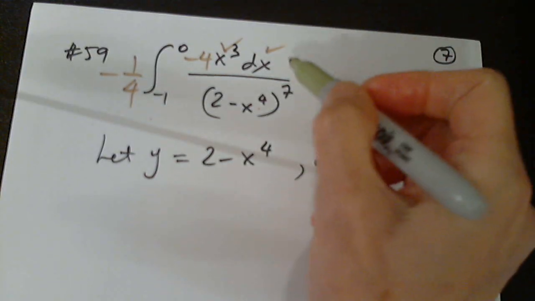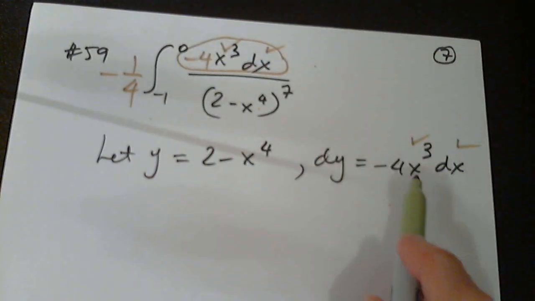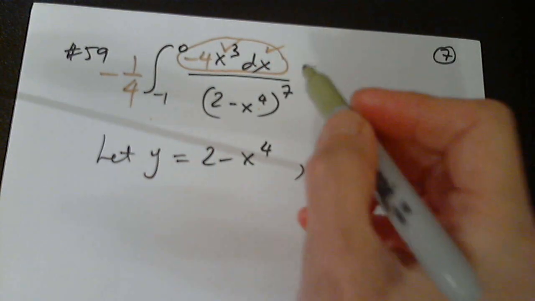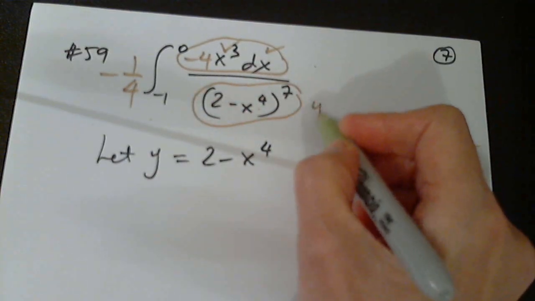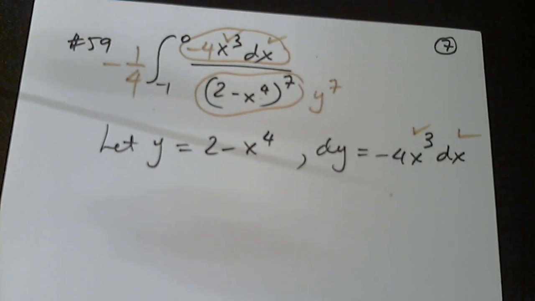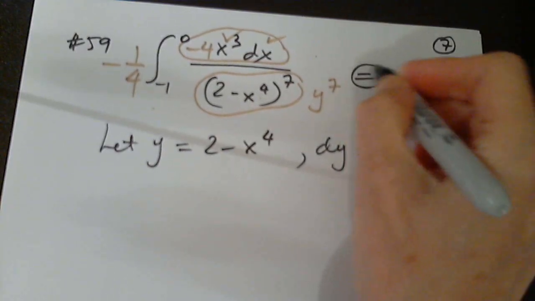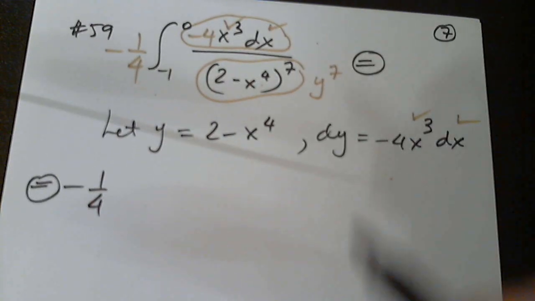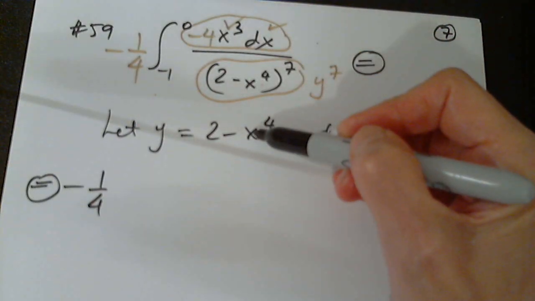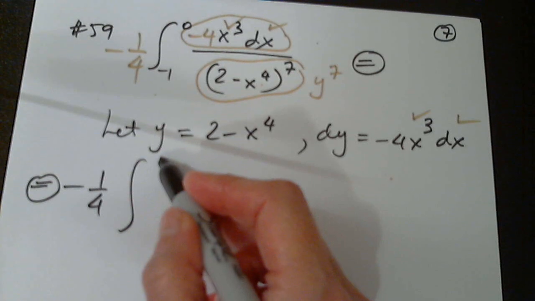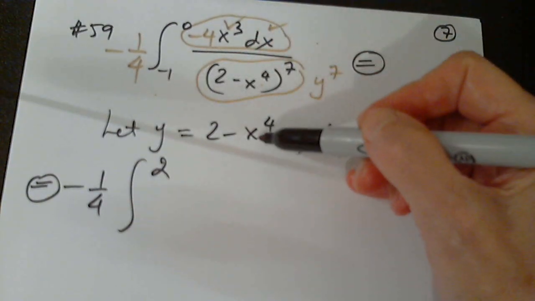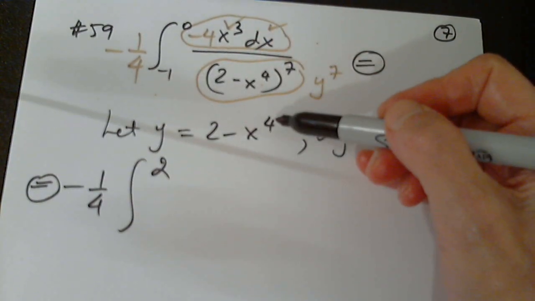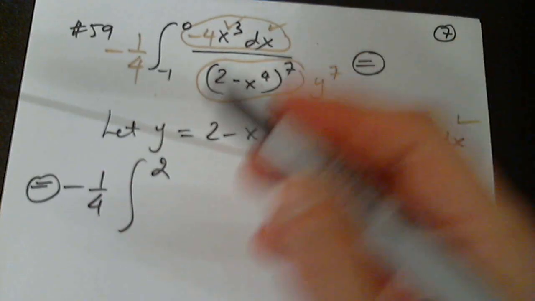So now the numerator is dy. The denominator is y to the 7th. And I cannot proceed before I change the limits of integration. -1/4 in front. When x is 0, the upper limit is 2. When x is -1, -1 to the 4th is 1, with minus in front, 2 minus 1 is 1.